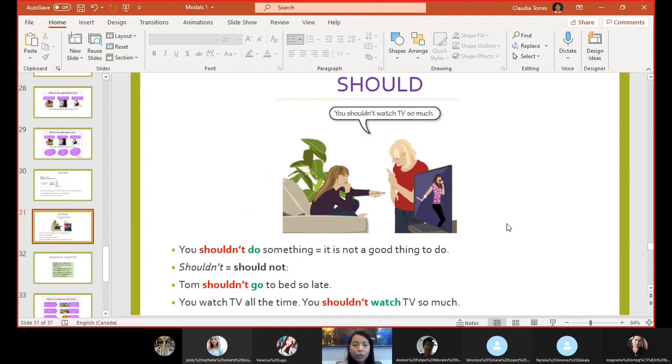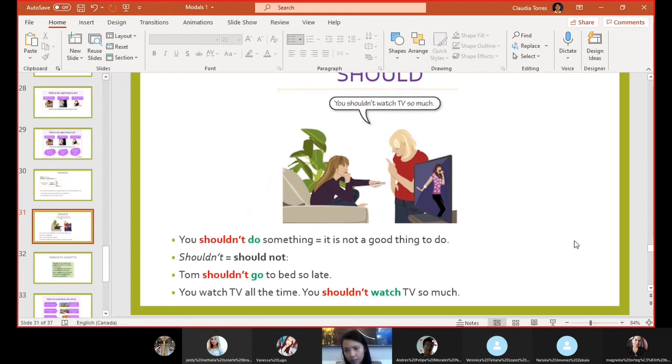So you shouldn't do something means that it is not a good thing to do. Remember the difference between should and must: must is stronger. Shouldn't is the contraction of should not. Tom shouldn't go to bed so late. You watch TV all the time. You shouldn't watch TV so much.